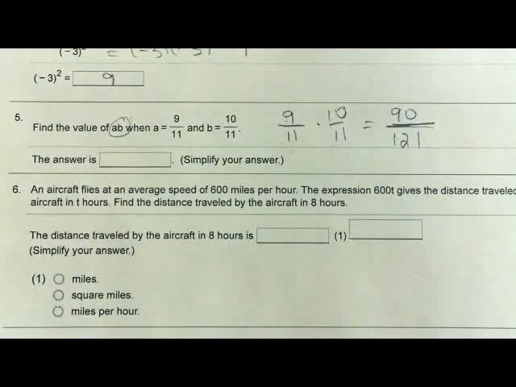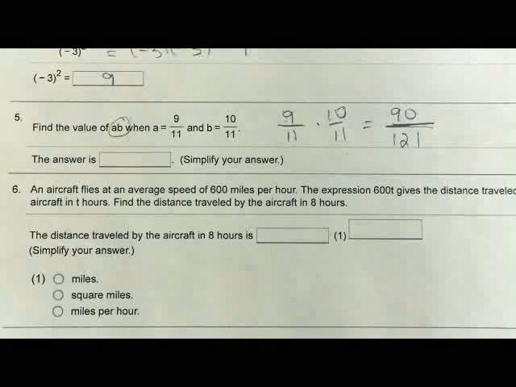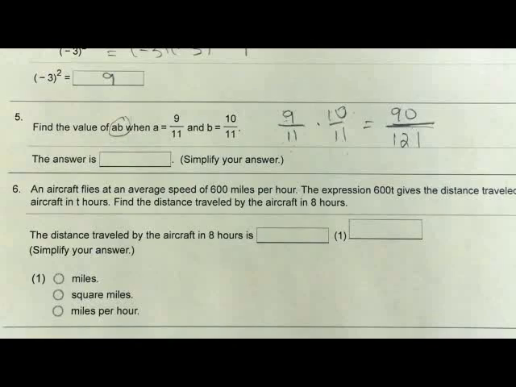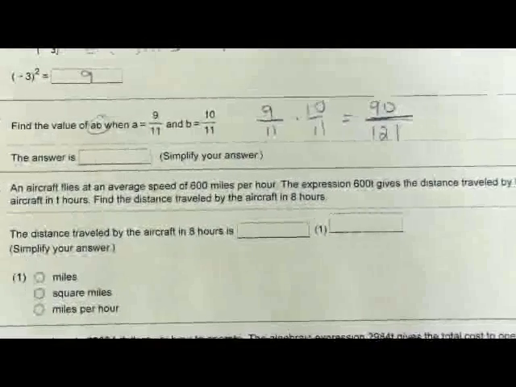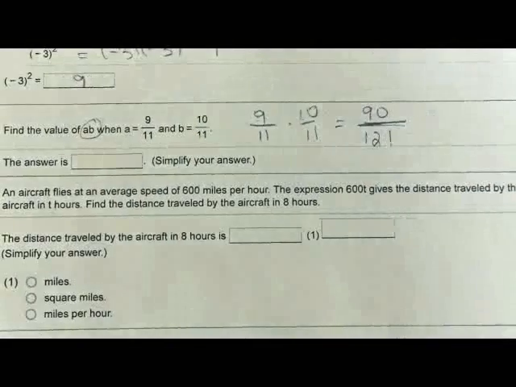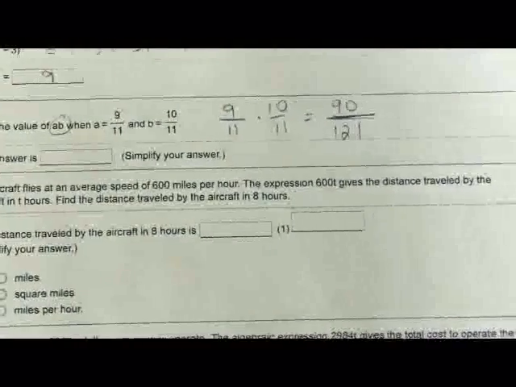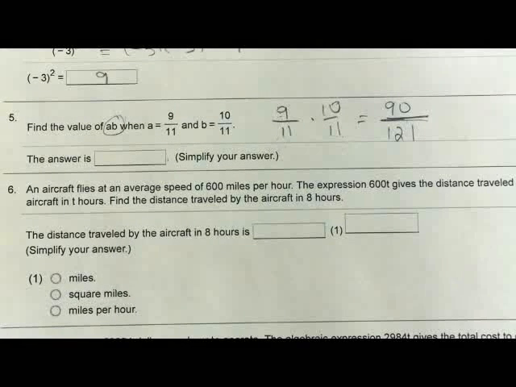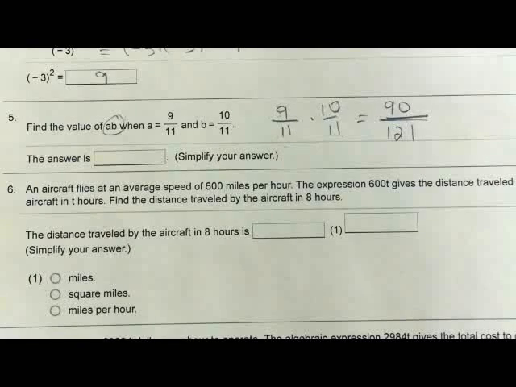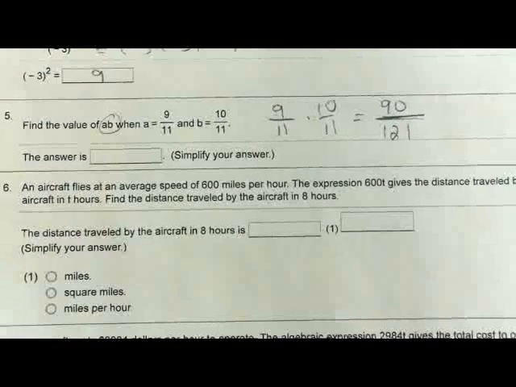Alright, let's look at number 6. It says an aircraft flies at an average speed of 600 miles per hour. The expression 600t gives the distance traveled by the aircraft in t hours. Find the distance traveled by the aircraft in 8 hours. So let's think about that one.